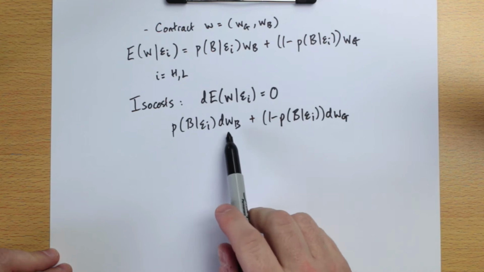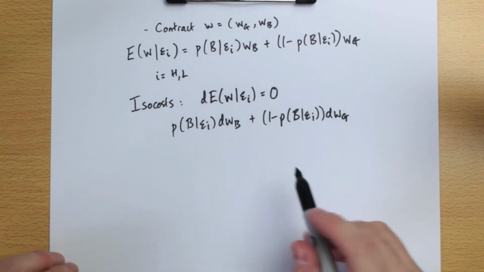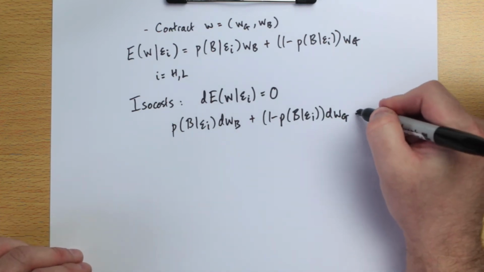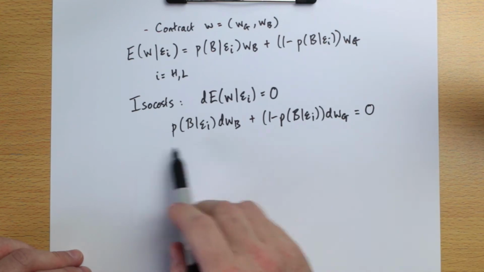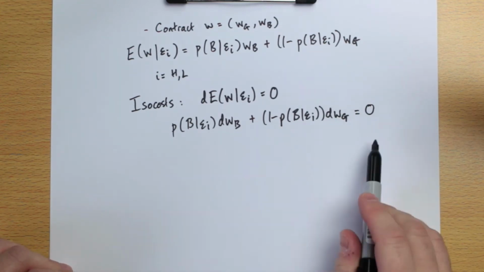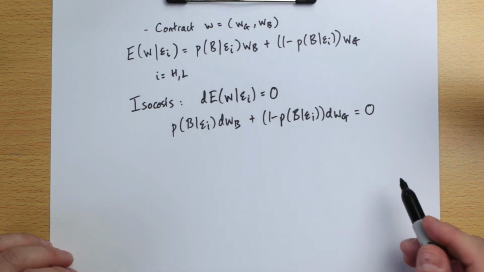Okay, so if we're changing the bad state payment a bit and changing the good state payment a bit, well, if we're on an isocost, the overall effect is that the expected cost doesn't change. And so we get this expression along an isocost. This is not always zero. It's zero when we're looking at a particular isocost.